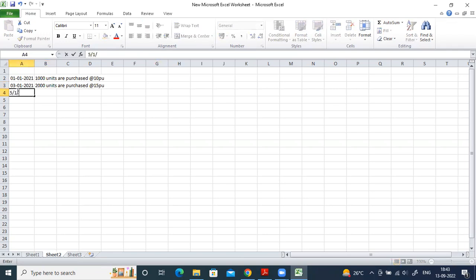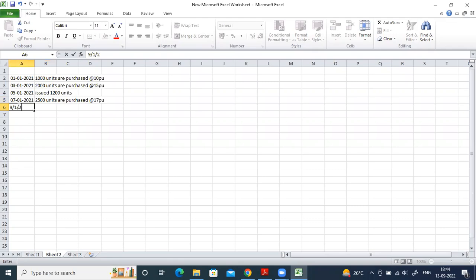On 5th January 2021, 1200 units were issued. Then on 7th January 2021, another 2500 units are purchased at the rate of $17 per unit.